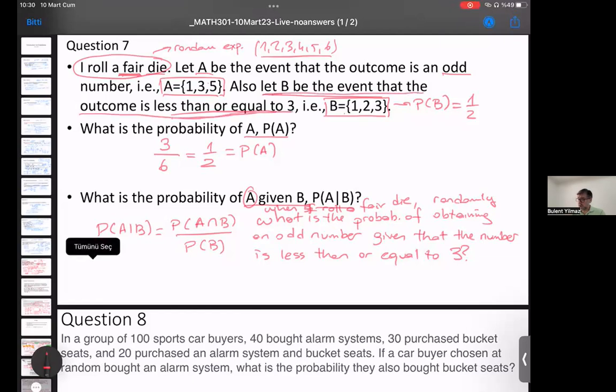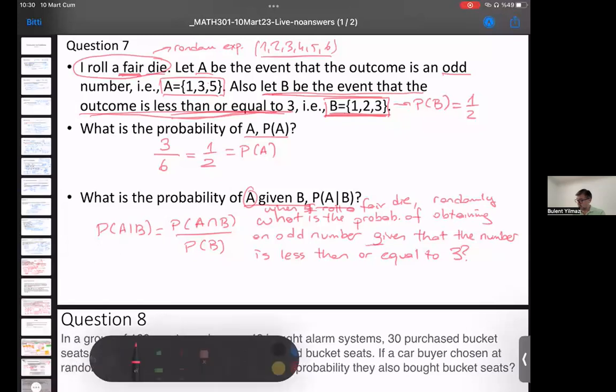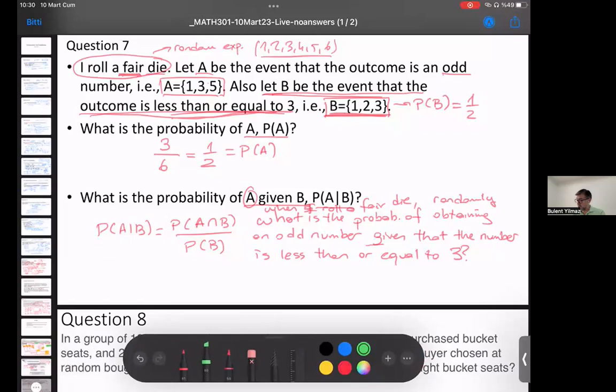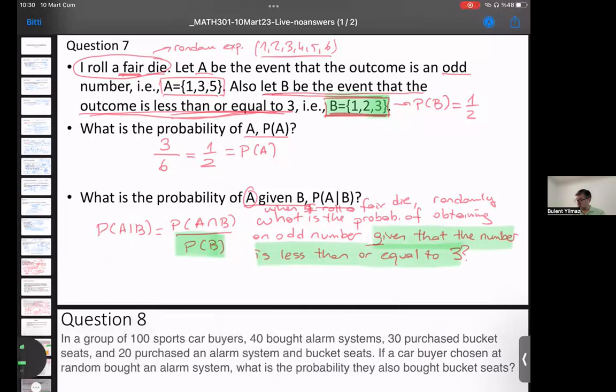B is defined as less than or equal to 3, and we know that this happened. Given that the number is less than or equal to 3 means B. What is B? The number is less than or equal to 3. Is that clear? Yes, Hocam. So then let's do the calculation.